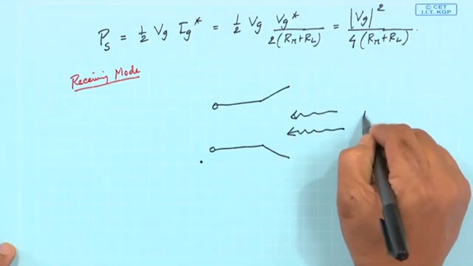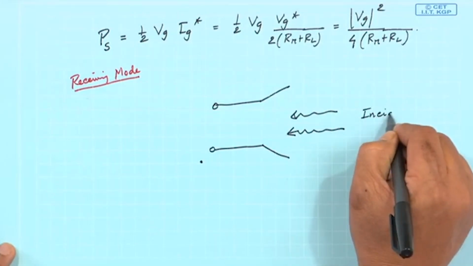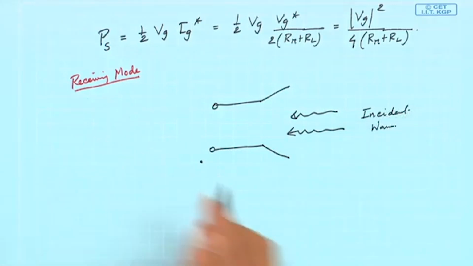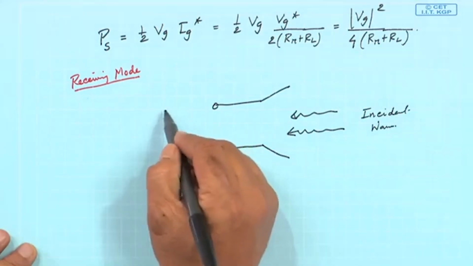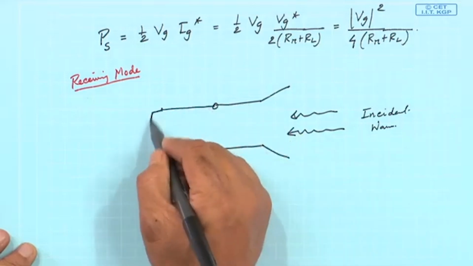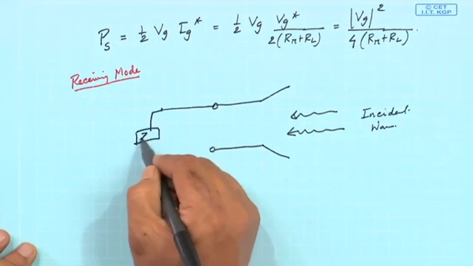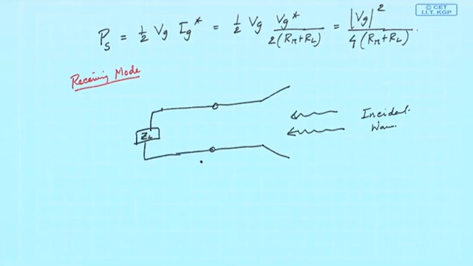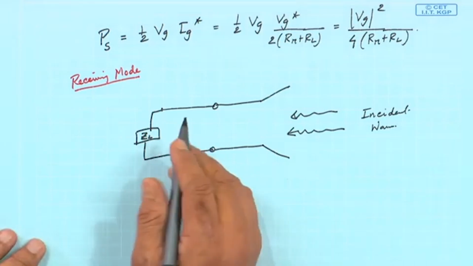These are the incident waves from some distant source. The antenna is receiving. Then, through a transmission line, the antenna will be connected to some load. That load may be a spectrum analyzer, may be a receiver, anything.